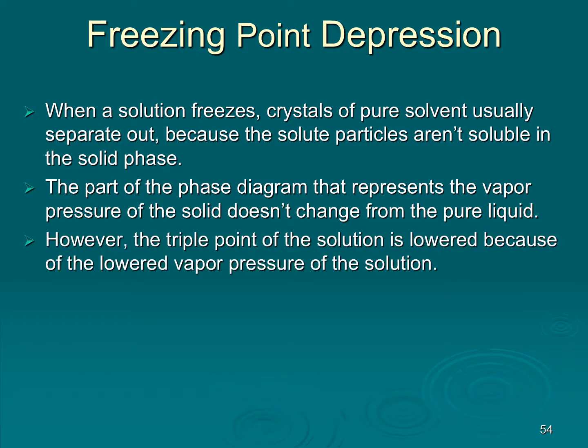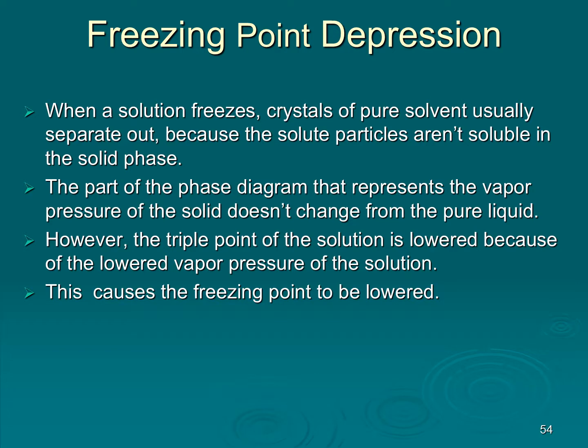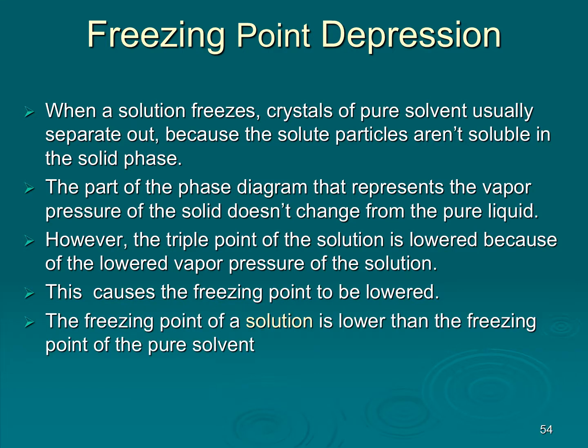But because the triple point is lowered, as you saw on that chart, which I'll show you again in a second, because of the vapor pressure of the solution, meaning the liquid to vapor line gets lowered, the triple point gets lowered, and so the freezing point is also lowered. So the freezing point of a solution is always lower than the freezing point of the pure solvent.